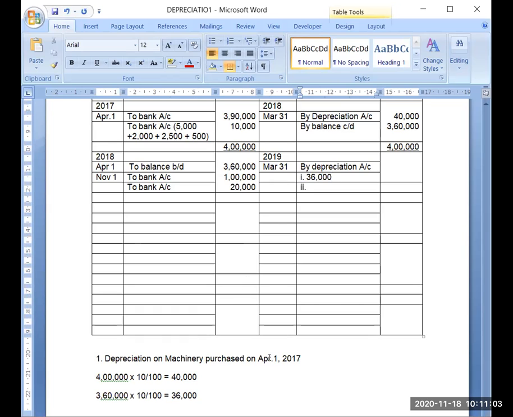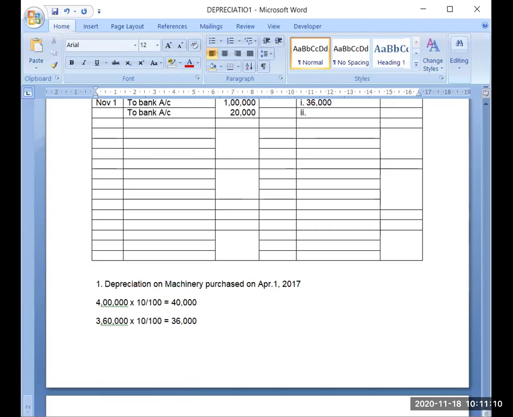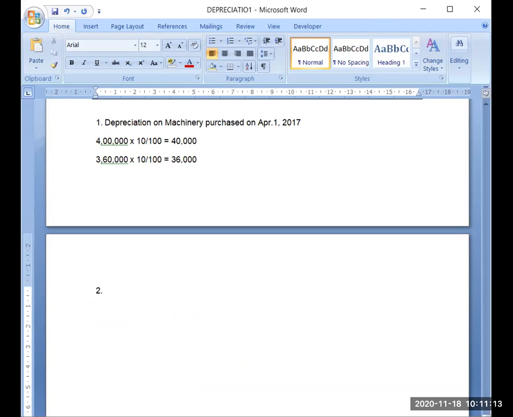Now we have to calculate the depreciation for another machine. Second, depreciation on machinery purchased on November 1, 2018.